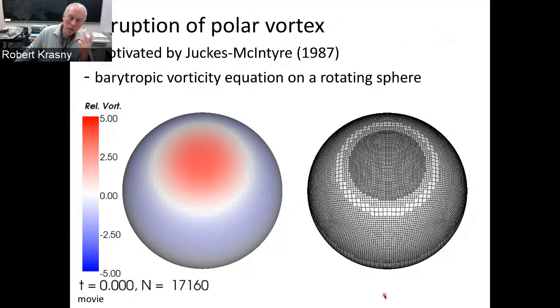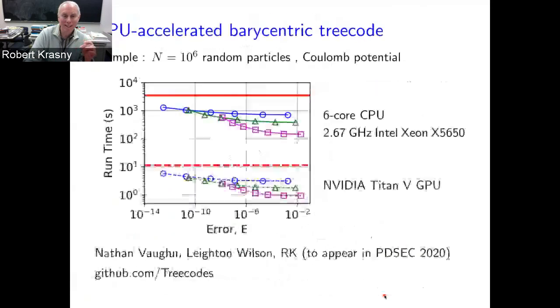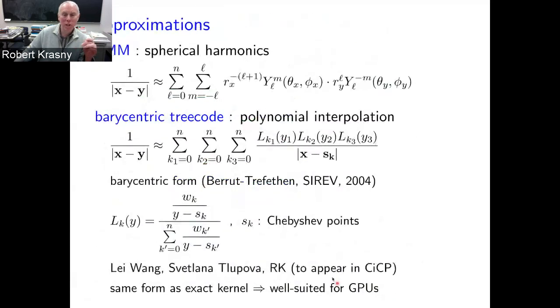I've been working on tree codes a while, and previously there would have been a Taylor approximation over here, analogous to the spherical harmonics, except we would use Cartesian coordinates. We tried to implement the Taylor tree code on the GPU. It just was not very efficient because, again, it uses recurrence relations.